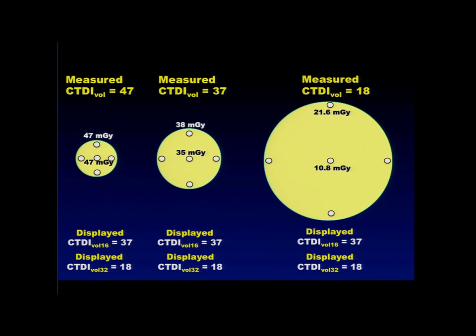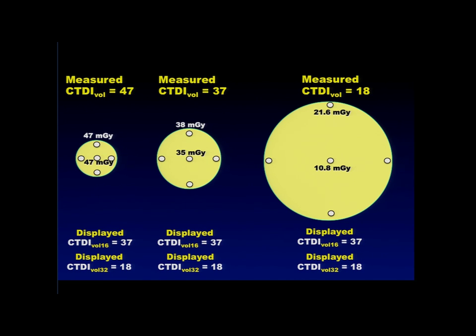Now, what's wrong if the scanner uses the 32 centimeter phantom and I do an abdominal scan on a baby? Well, the baby's represented by the 10 centimeter phantom. What's the dose to the baby? 47 milligray. What does the scanner tell me? 18 milligray.